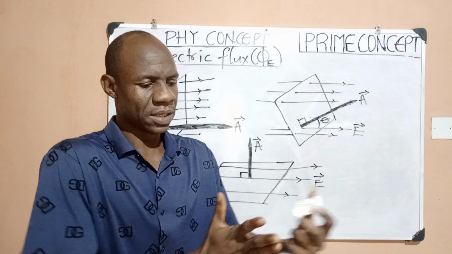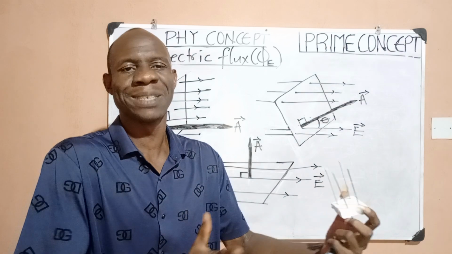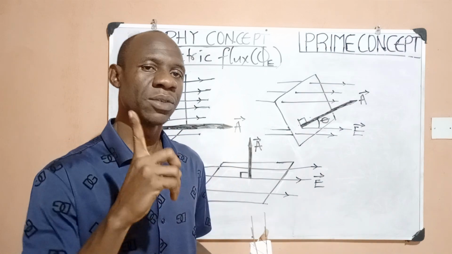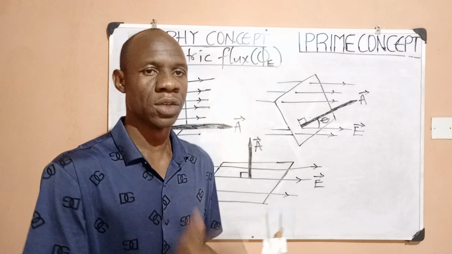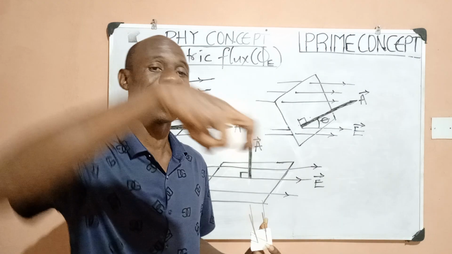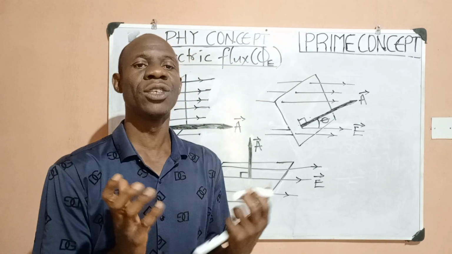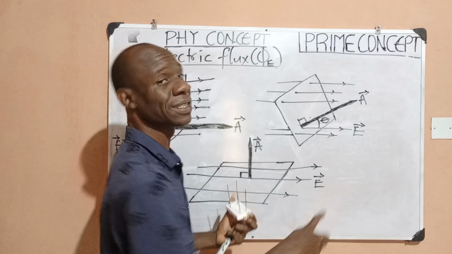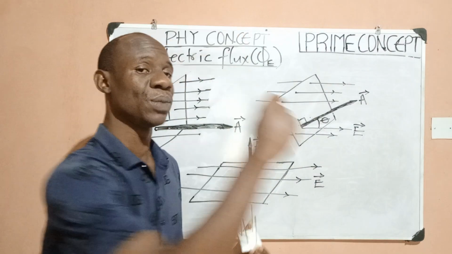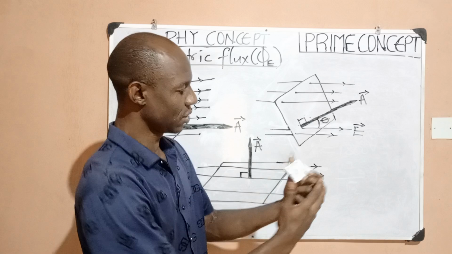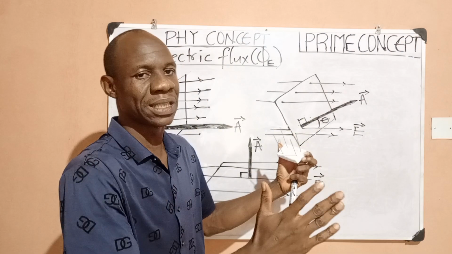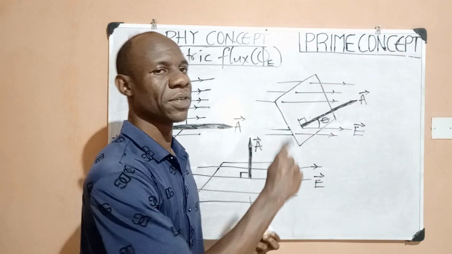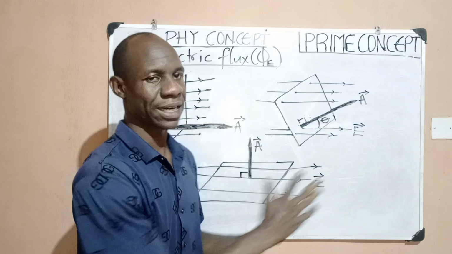Where you have widely spaced lines, it means that the field strength in that place will be small. So if you see so many lines around a particular place, it means that the electric field will be strong in that place. If you see few lines separated, it means that the electric field would be less strong around that place.